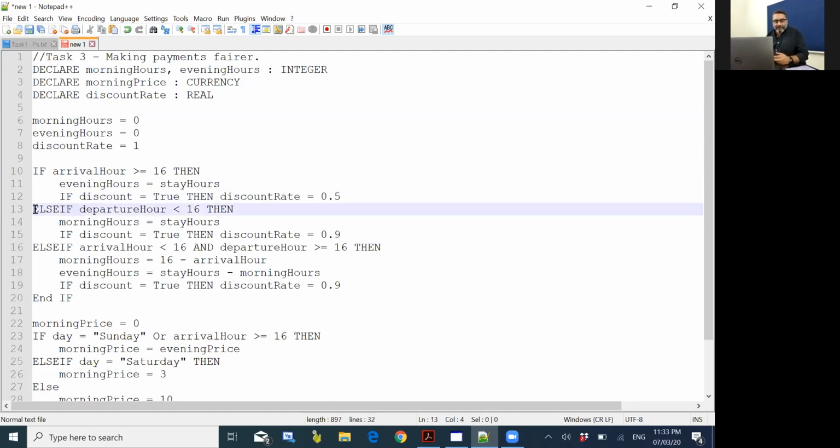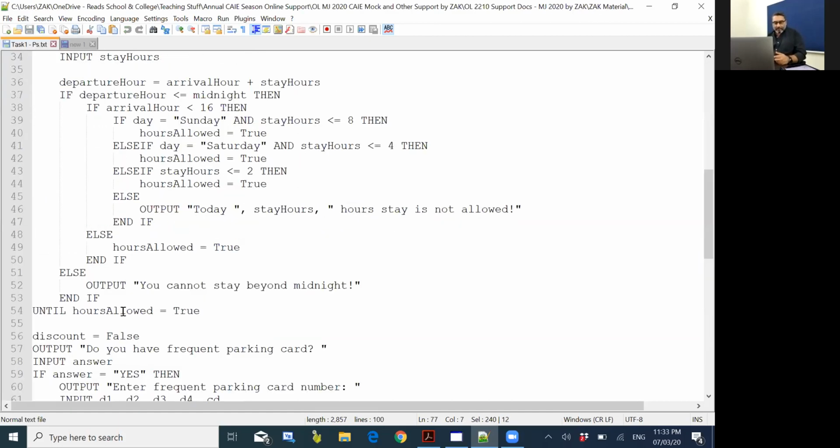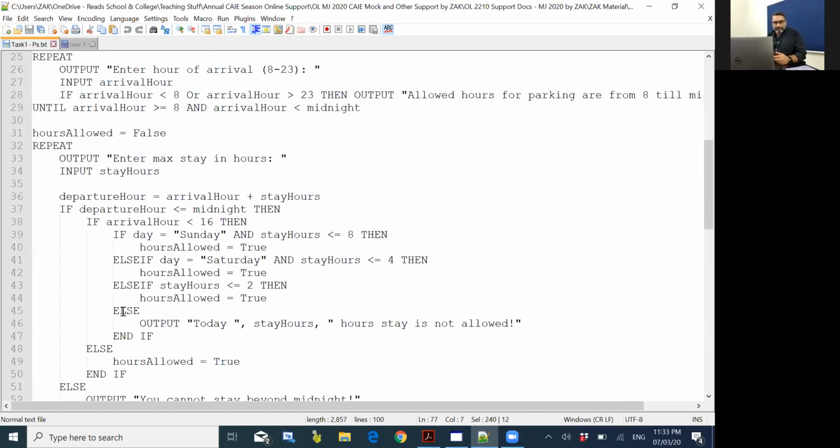If they have arrived before 1600 hours, then, sorry, if the departure hour was calculated before it.